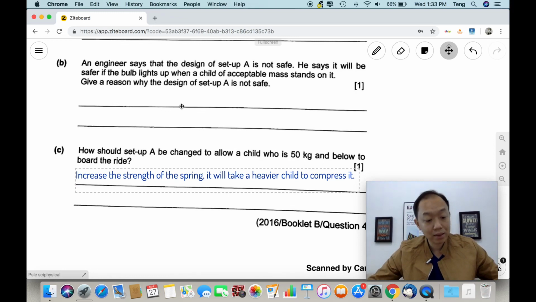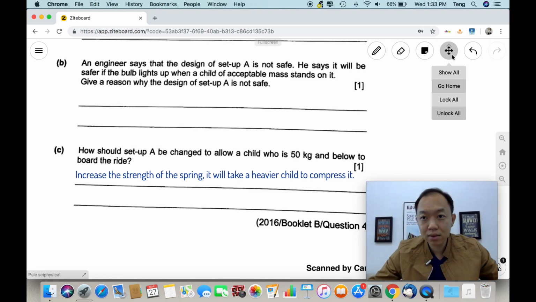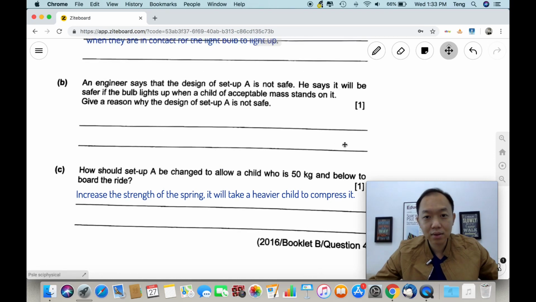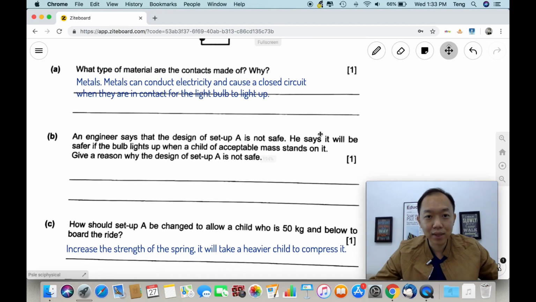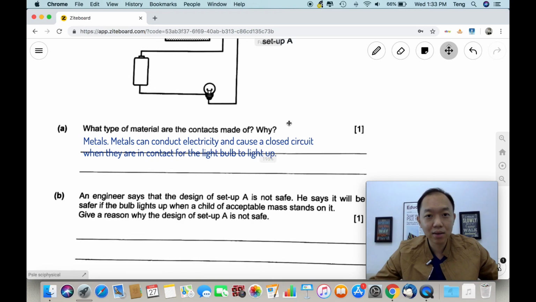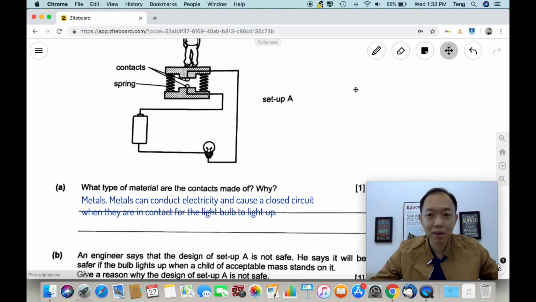So we learn, but the setup is not safe as one spring may be compressed more than the other. Okay, what is the reason? So it's not about the child flying away, which I think would be really comical. It's about this one being compressed more.